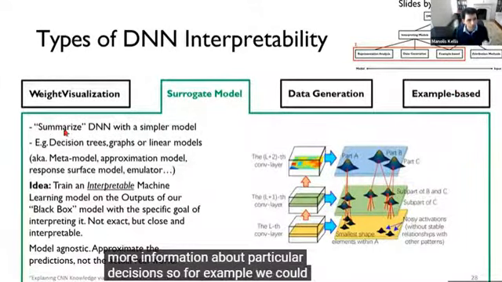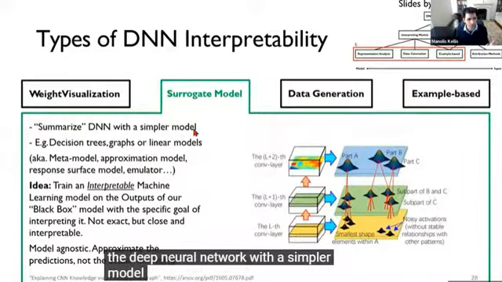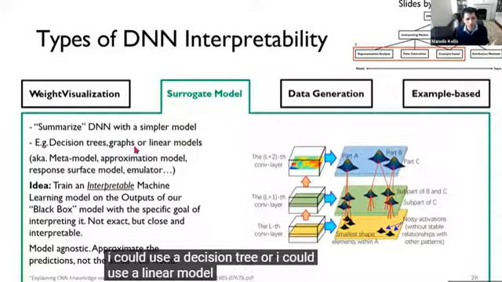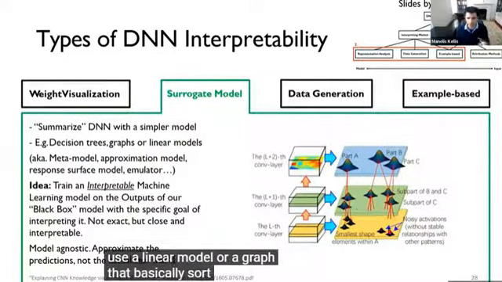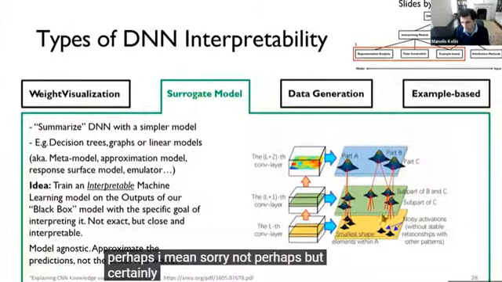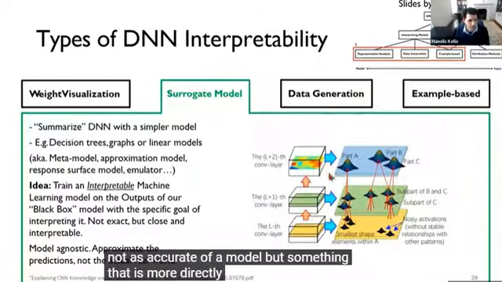For example, we could summarize the deep neural network with a simpler model. I could use a decision tree, or a linear model, or a graph that is certainly not as accurate of a model, but is more directly interpretable.